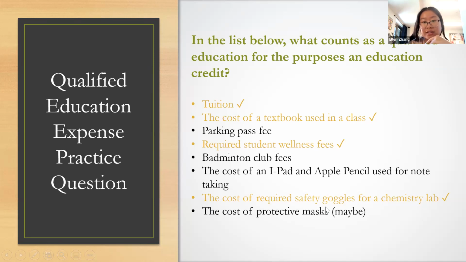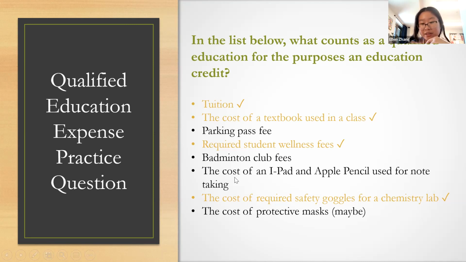expense. Now, the things that are not qualified educational expenses are the parking pass fee, which we mentioned earlier, because that is optional. So is the badminton club fee and the cost of an iPad and Apple Pencil. Some people may argue that they need this because that's how they take notes in class, but it's not required for the class.